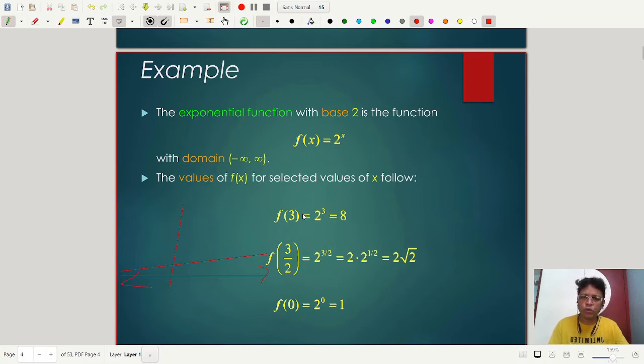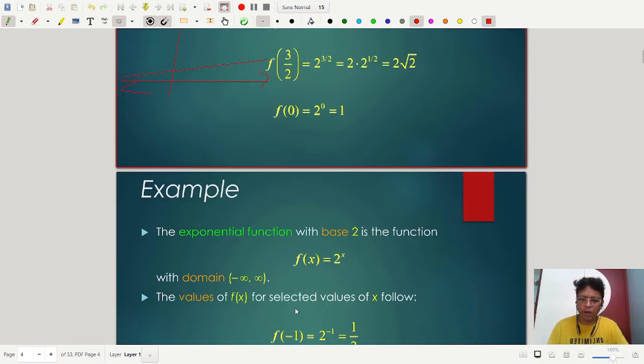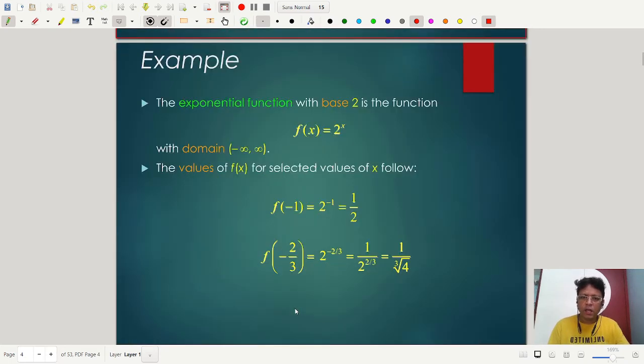So you can easily find the value of f(3), f(0) = 1. That is why it cuts the y-axis at 1. Now the values of x like -1 give 1/2, and -2 or 3 also give you a number. So for any number between minus infinity and infinity, you will get a value of f(x).